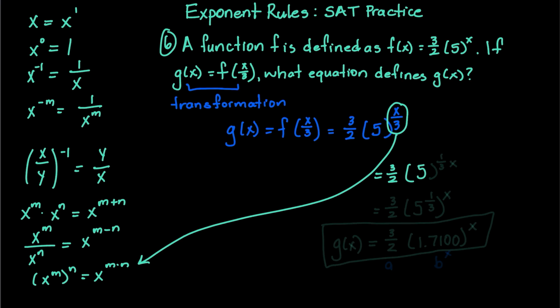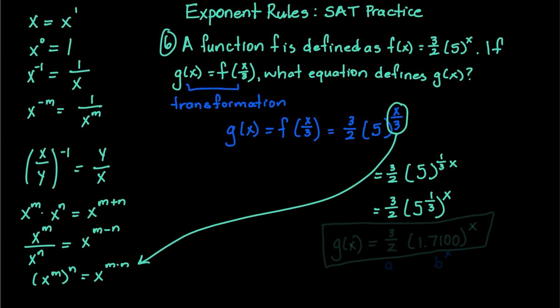And then this is 5 to the 1 over 3 times x. So you can clearly see that it's two things multiplied in the exponent, which means originally it could have been 5 to the 1/3 to the x. Because of our power to a power rule, we're allowed to rewrite it like that.